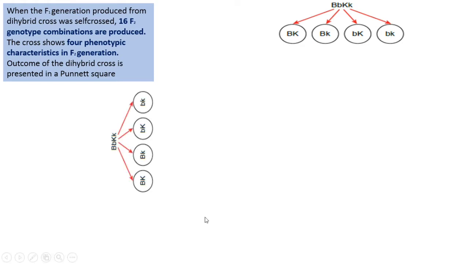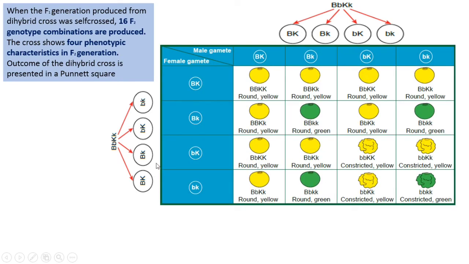So this is continued from the previous slide. This is the gamete from each parent: 4 types of gamete from each parent. We combine them here in a Punnett square.